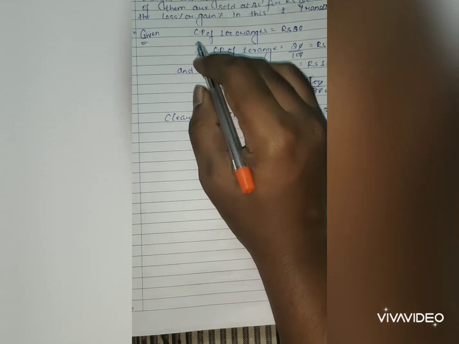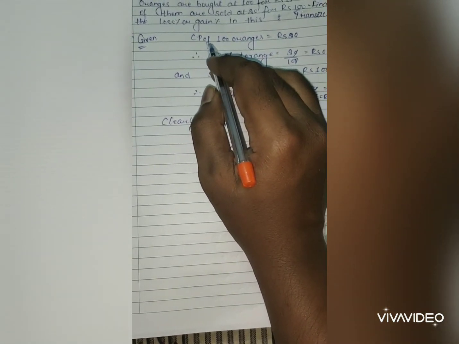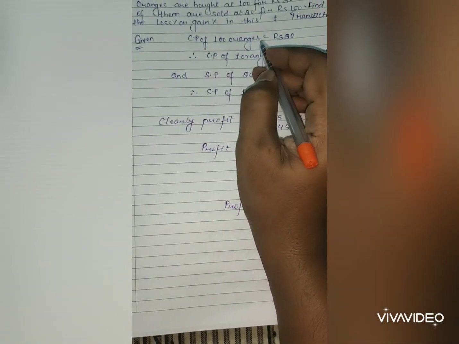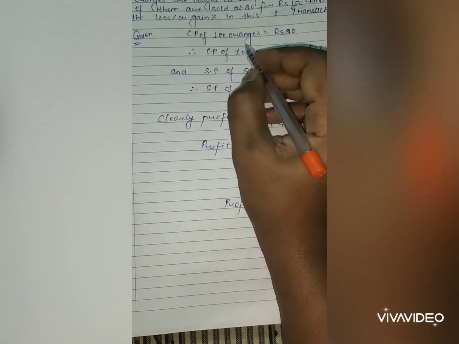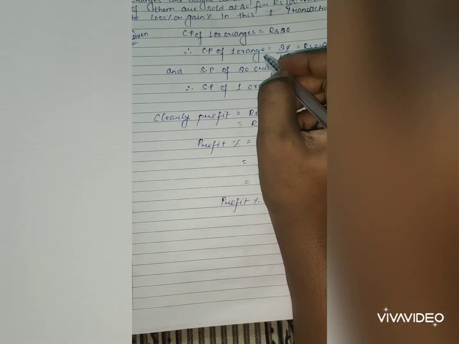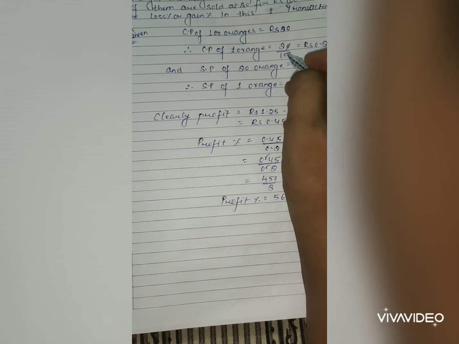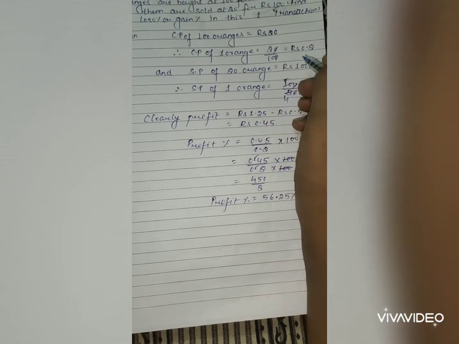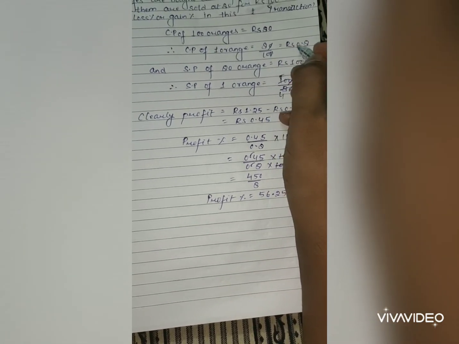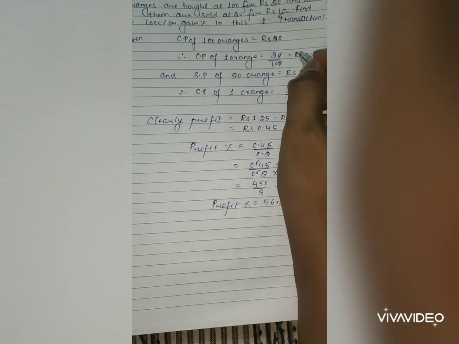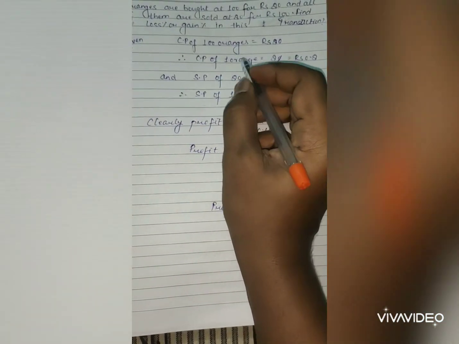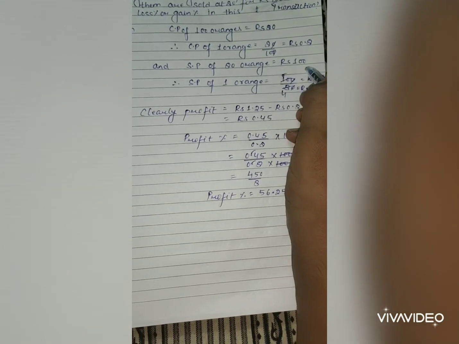So we know that CP of 100 oranges is rupees 80. So CP of one orange will be 80 upon 100. We will calculate it, and we will get rupees 0.8. Selling price of 80 oranges is rupees 100.